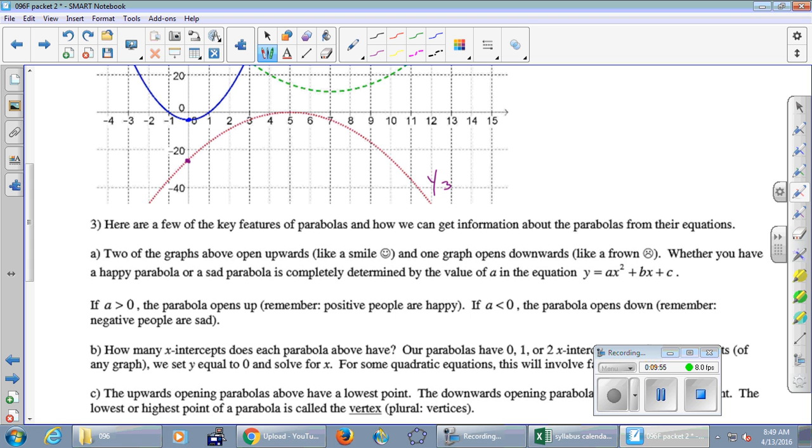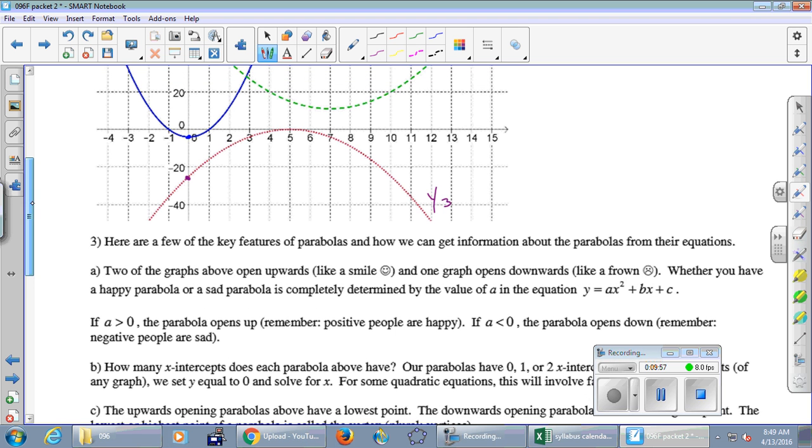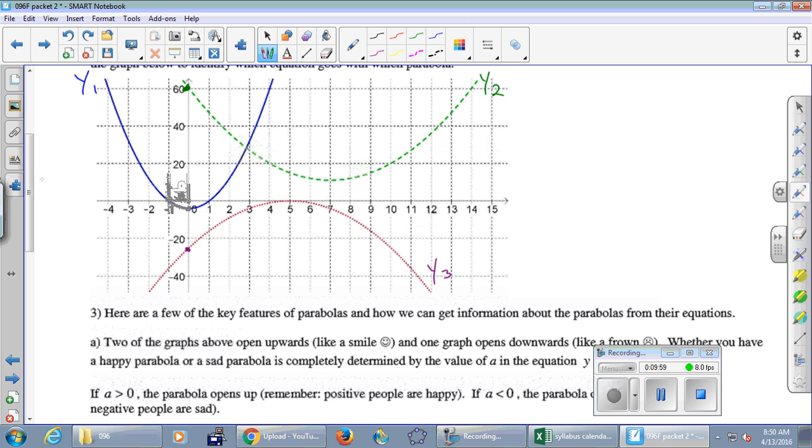Part B says, how many x-intercepts does each parabola have? So the blue one, how many x-intercepts does it have? How many? 2, right? One there, one there. How many x-intercepts does the green have? None. It never touches the x-axis, which is kind of different from lines, right? If you just draw a random line, it's going to have an x-intercept, yeah?